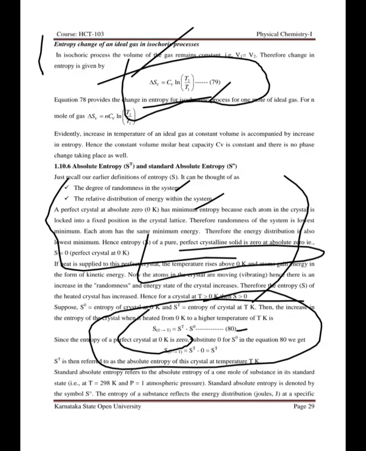With a perfect crystal at 0 K, S_0 is 0, so it can be written as S_T minus 0. That is S_T, the entropy of the crystal at temperature T K. That is what they have denoted here. And the temperature K is represented in Kelvin, and P is the pressure here.